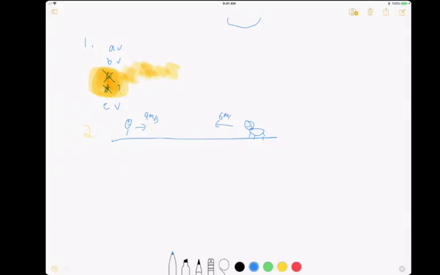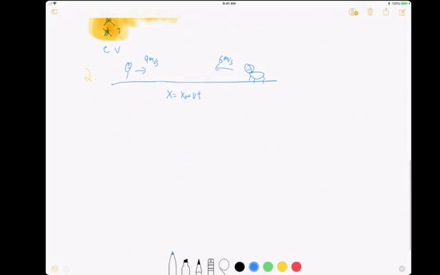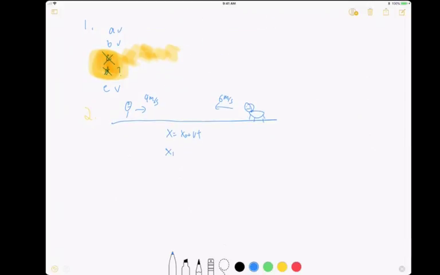We can do this question with relative velocity, or we can do it just by describing the motion. X naught plus vt, right? Constant velocity, woo, motion. So my initial position is 0, and my position is 4 times t. The dog's position is 100 minus 6 times t.